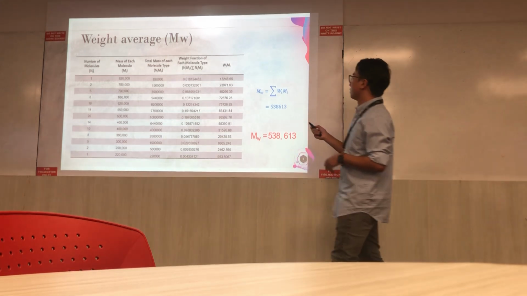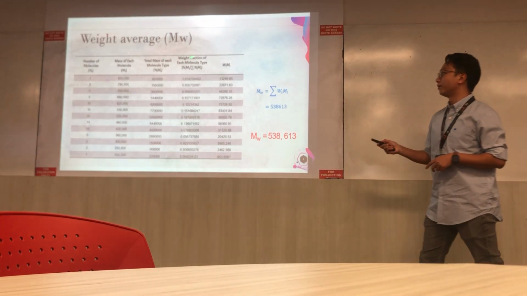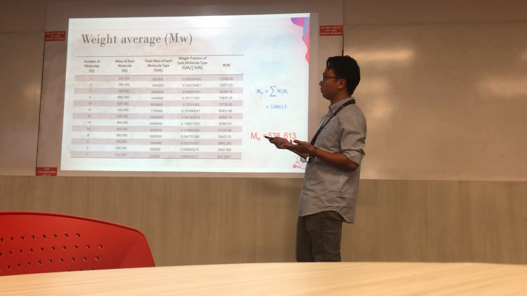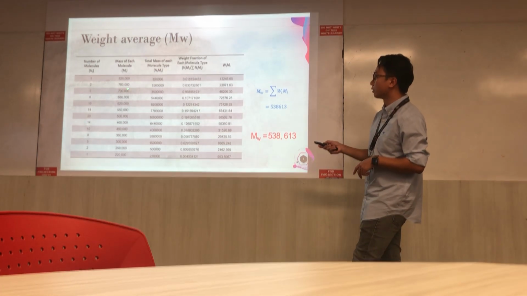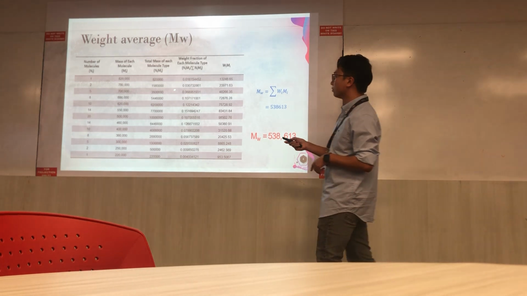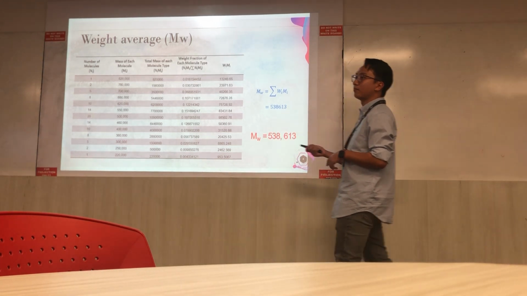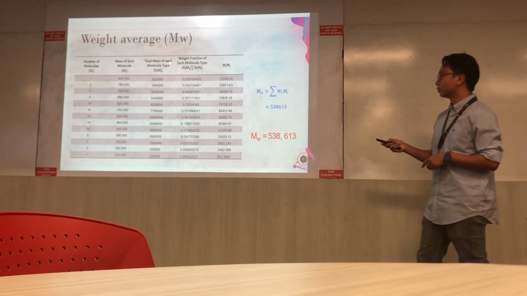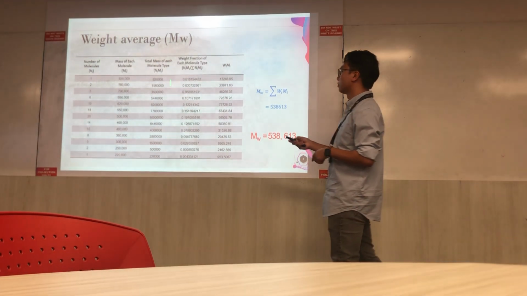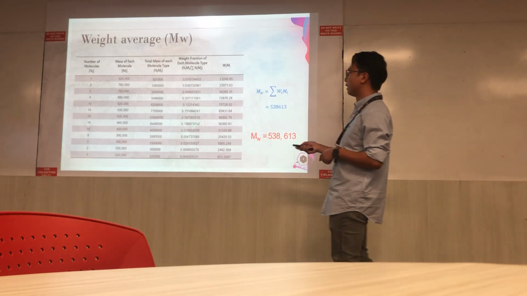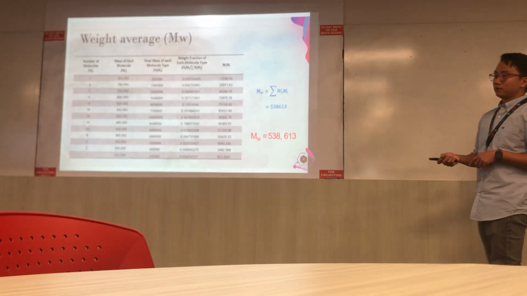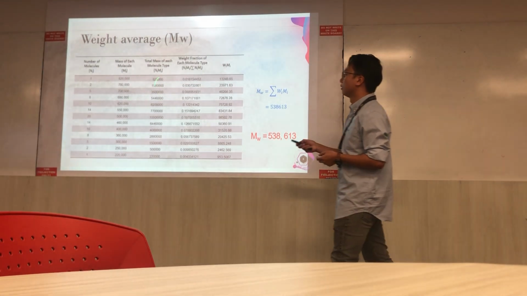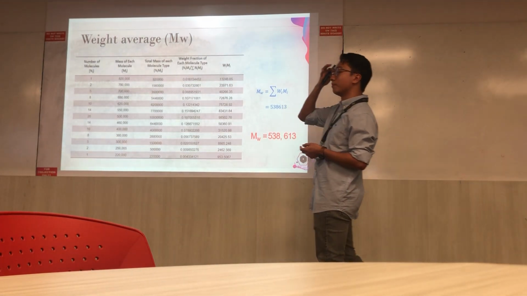First, you calculate the weight fraction. How you calculate the weight fraction is you take the total mass of that type of molecule. Meaning if there are two of this molecule with this mass, you multiply by 2, and this is the total mass of each type of molecule. And then you divide that by the total weight of the whole system. Then you will get a fraction that is representative of that kind of weight over the total mass of the solution.